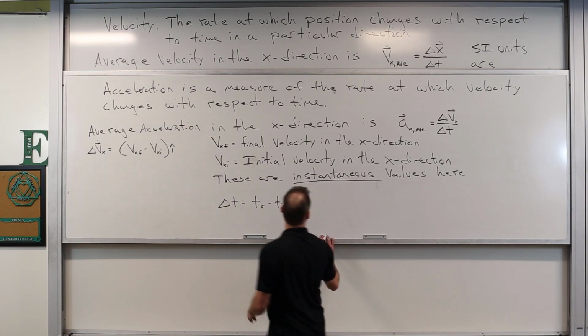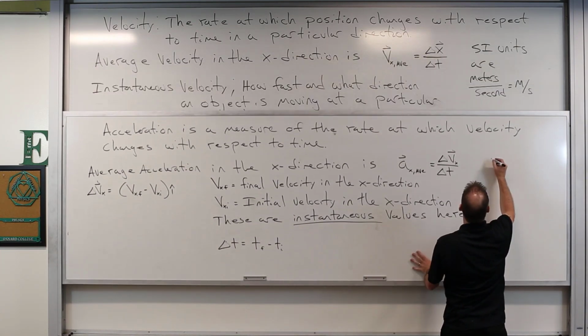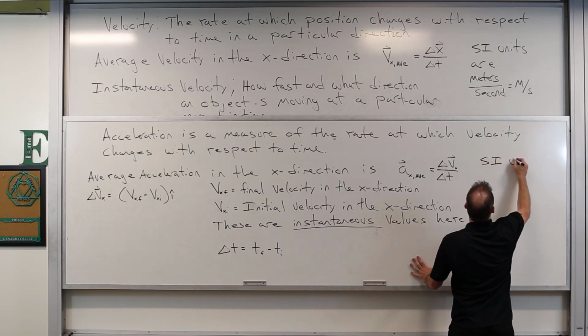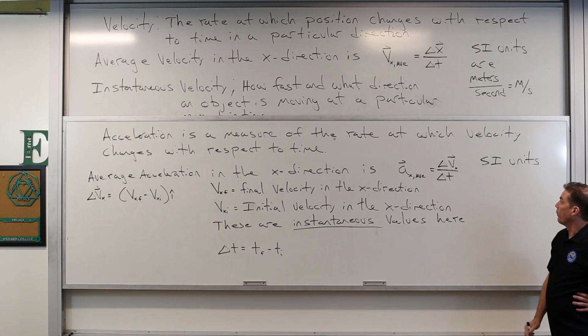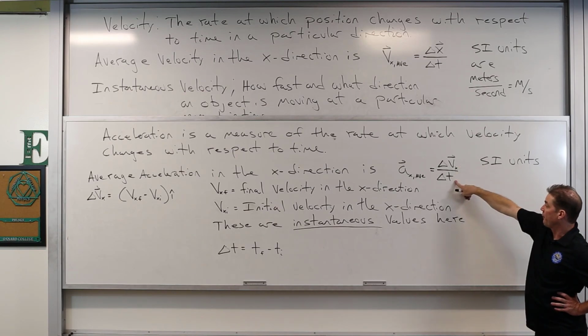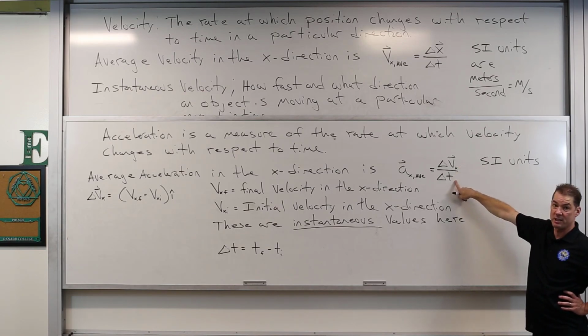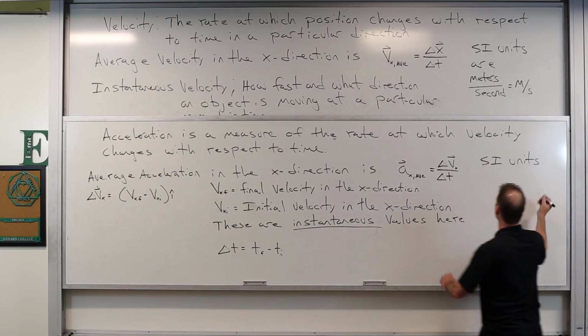So let's look at something else here. Come back over here. Say the SI units of average acceleration. Well, the SI units of velocity is meters per second. And then we're dividing it by time, which is seconds again. So we've got meters per second per second.